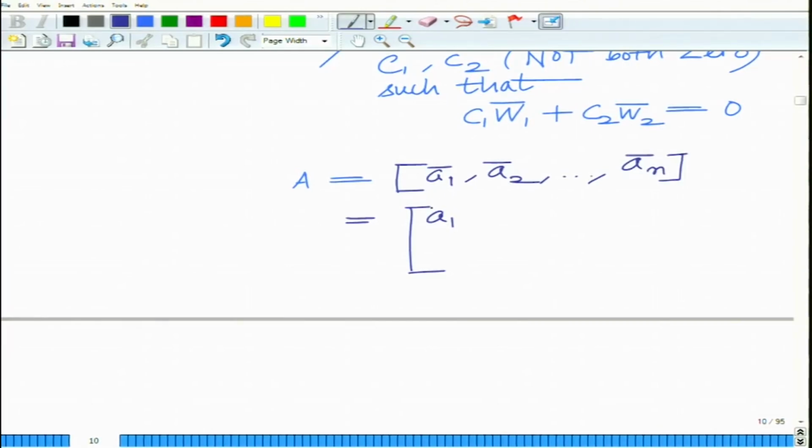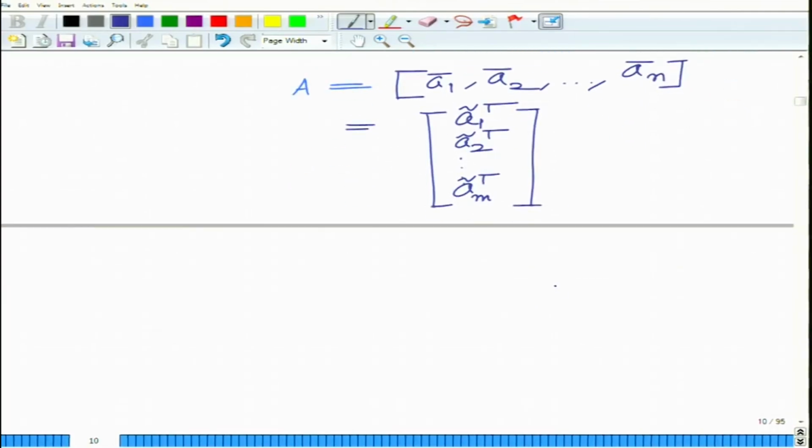So, you have A1 tilde, let us say, denotes the rows, A2 tilde, and so on. And so, these are basically your n columns and these are basically your m rows.